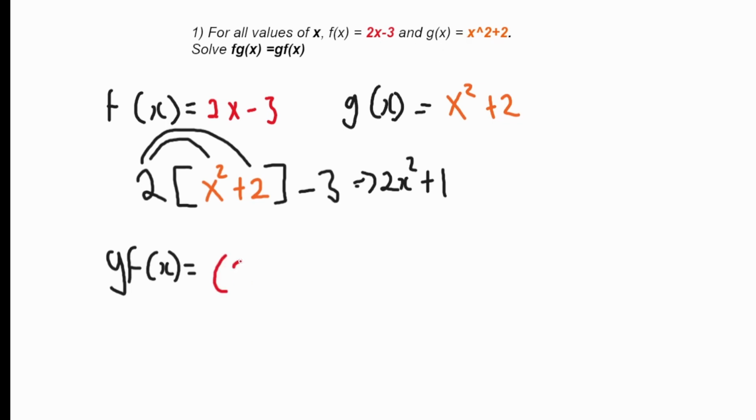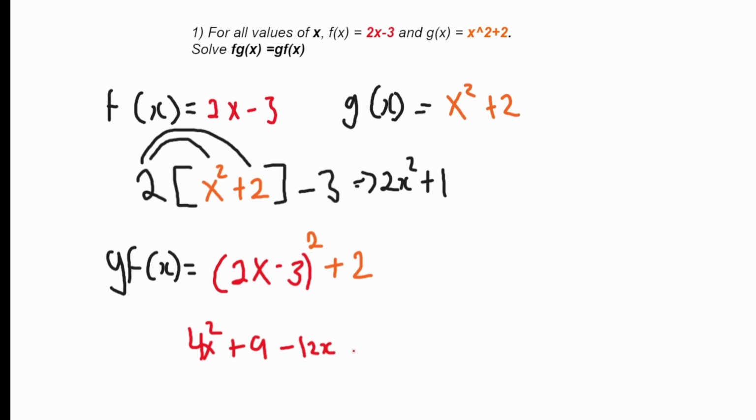So you're going to get 2x minus 3, and that is squared plus 2. That is g of x. So you want to expand this out. You're going to get 4x squared plus 9 and minus 12x. And that is what you're going to get.